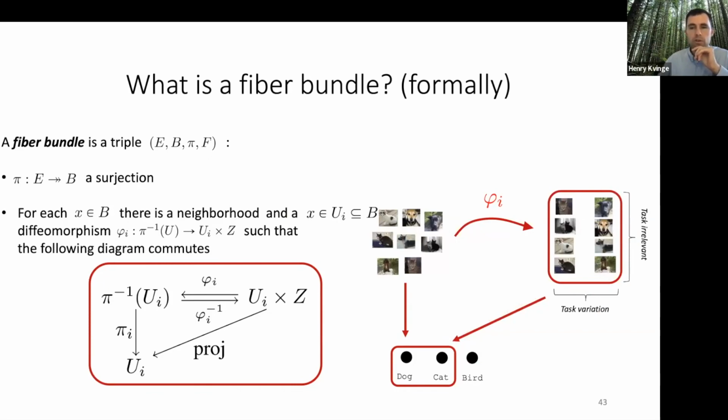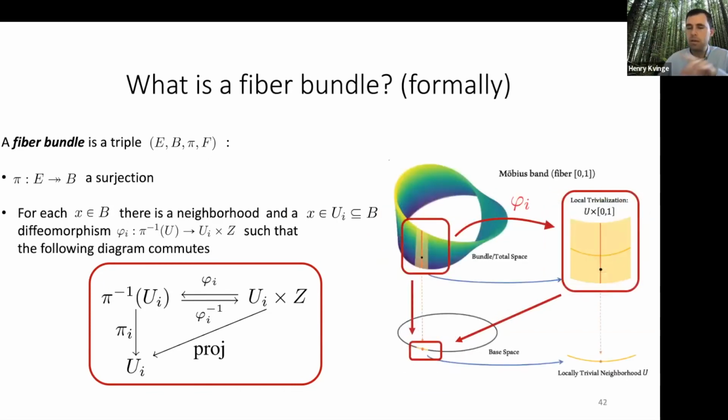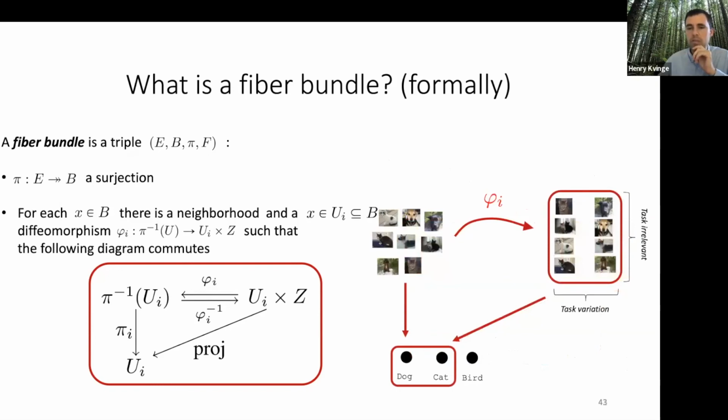So when we went from this standard toy example, geometric or topological picture, and tried to think about what this means in terms of data, what we found was that the translation, at least for this cartoon problem, is that, say I take some neighborhood in my output space, which is now serving the role of the base space. I need a way to then decompose the inverse image of that.